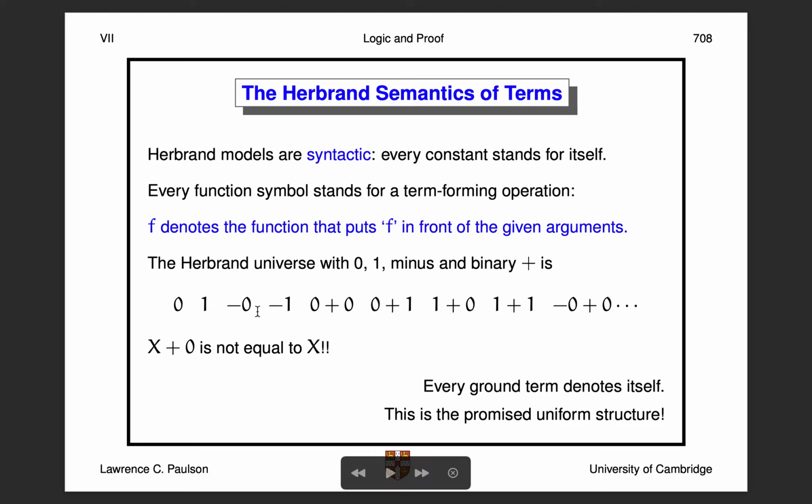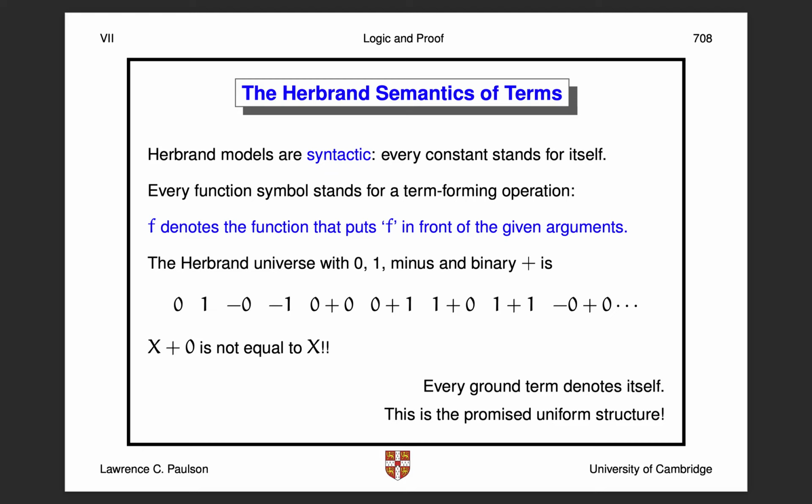So minus 0, minus 1, etc., now using plus, the four combinations with plus. Having done that, we go to the next level. So now, for example, and I see I wasn't consistent here, I should have had minus 0, actually. Then minus 1, and then finally this one here, and so on and so on.